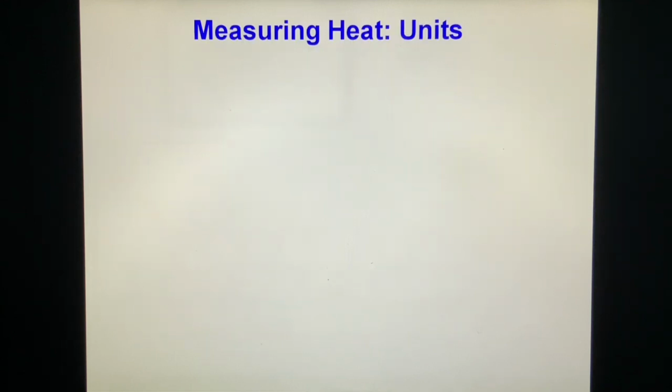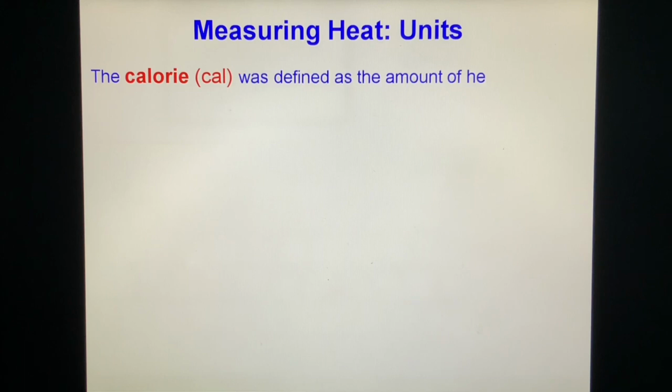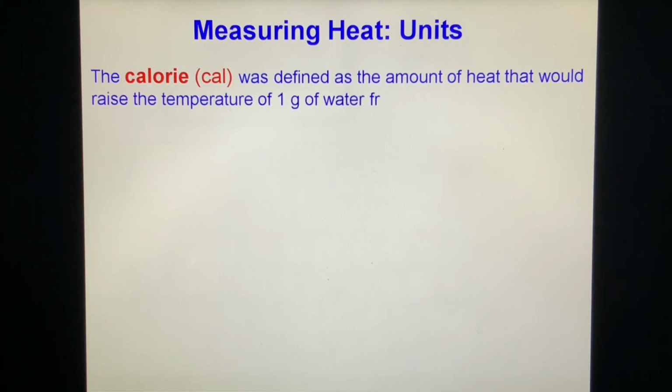Measuring heat, unit. The calorie, cal, was defined as the amount of heat that would raise the temperature of 1 gram of water from 14.5 degrees Celsius to 15.5 degrees Celsius.